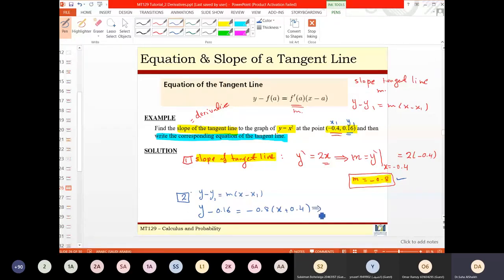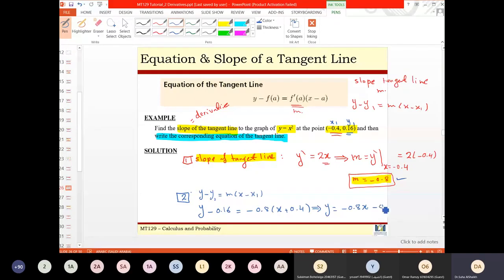So this implies, now rearrange it: put the y on one side and everything else on the other side. So y will equal minus 0.8 times x. How much is 0.8 times 0.4? 0.32? Yeah.